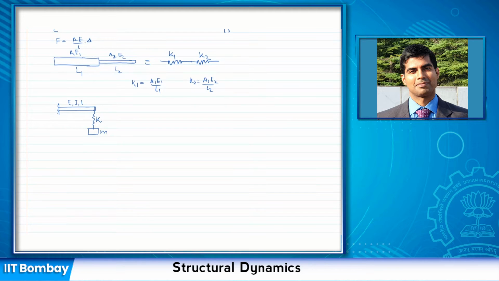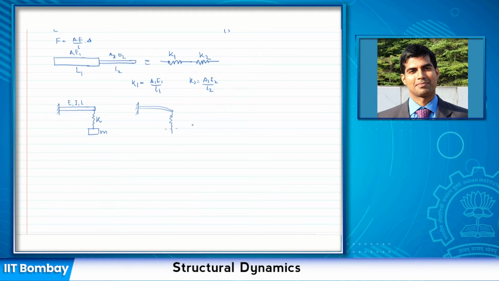Now you can imagine that as soon as I suspend this mass from this spring, there would be some deformation in the spring. And at the same time, because this beam is deformable, this beam would also deform a little bit. So the beam would be something like this, with some initial deformation.